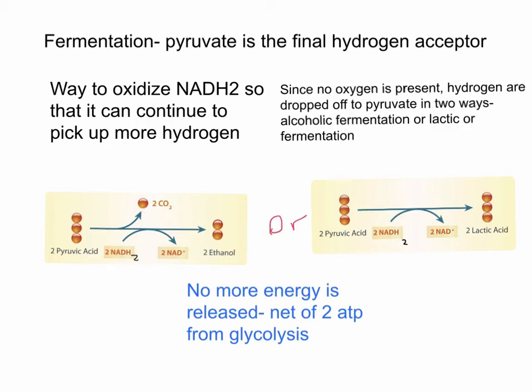In alcoholic fermentation, you get ethyl alcohol, you get carbon dioxide, and I would add in there, you also get NAD, because the hydrogen gets dropped off, and that's what causes this change to occur. And in lactic acid fermentation, you get lactic acid, and I would also add you get NAD.